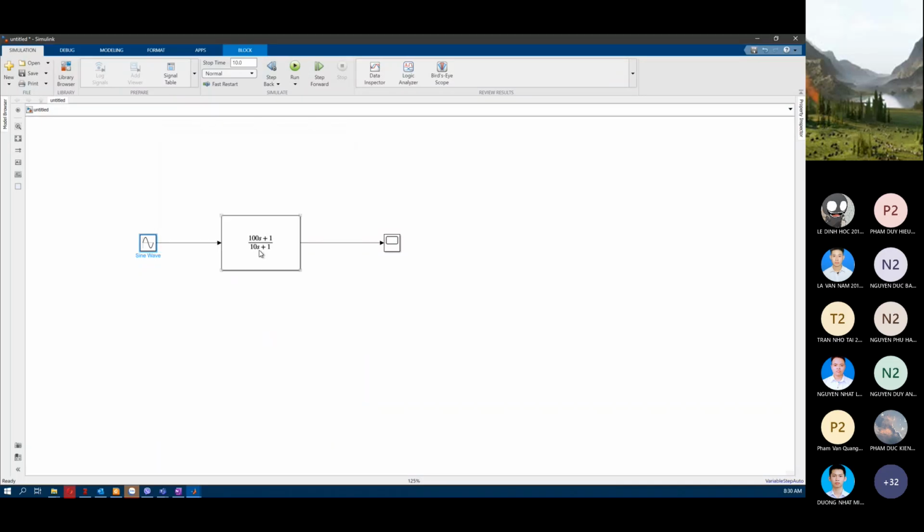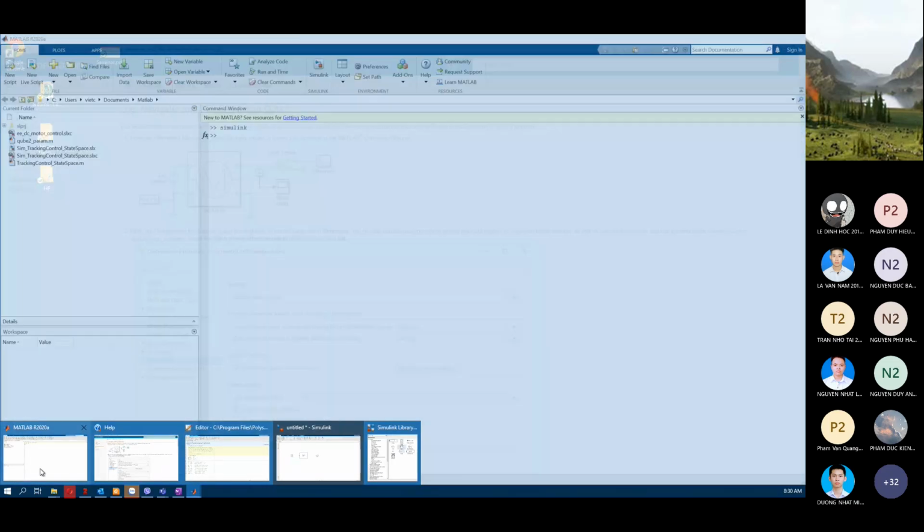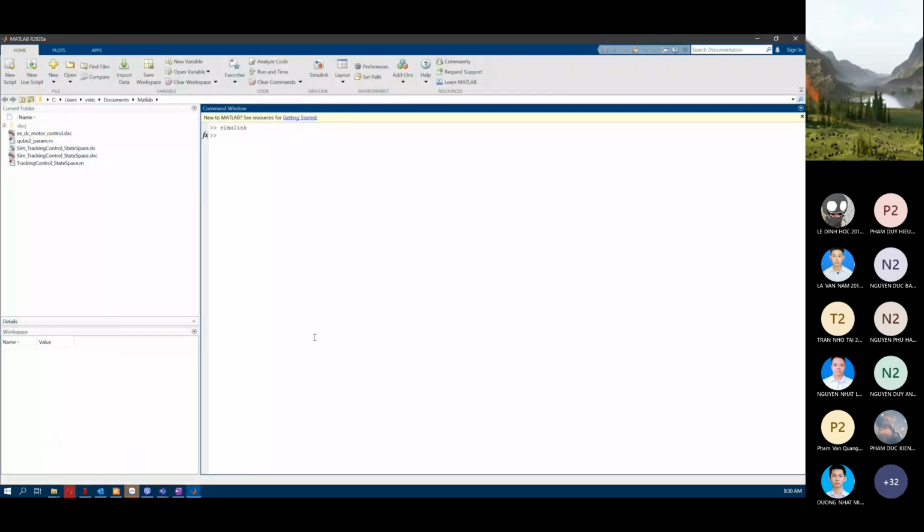The Bode diagram of this system we can draw here. For example, system G(s) equal to TF of numerator is 100 and 1, denominator is 10 and 1, right?